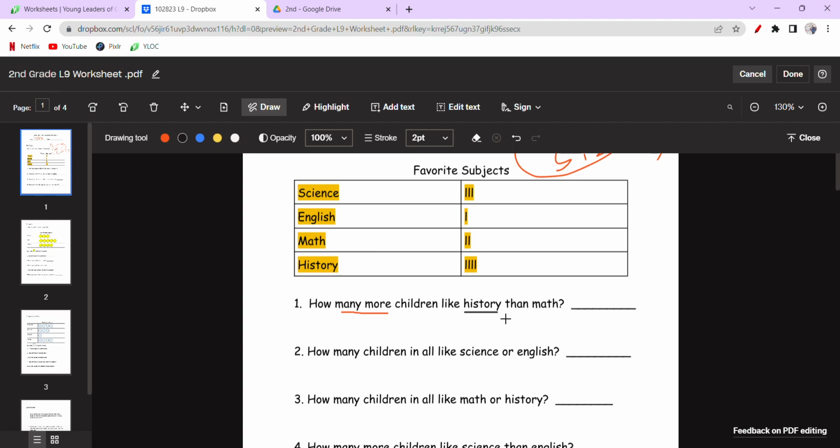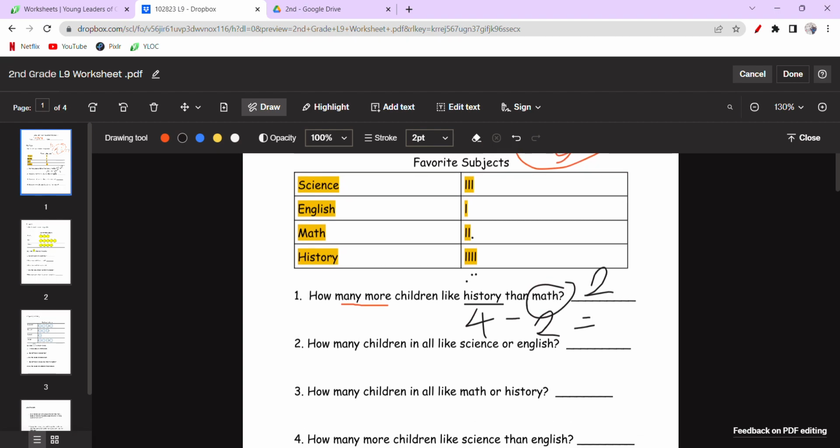So if you look at history, they have 1, 2, 3, 4. They have 4 tallies, which means that 4 people like the subject. And then for math, 1, 2. So only 2 people like math. So you just do 4 minus 2, which equals 2.